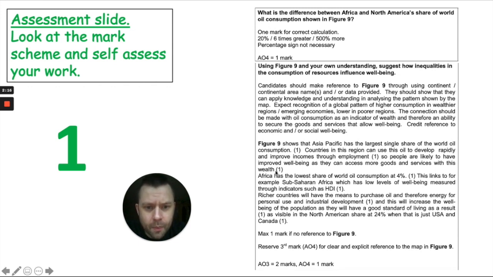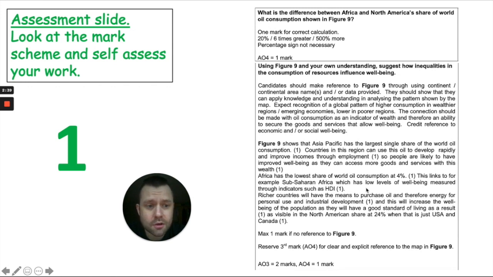Now, it starts talking about Asia Pacific, but I think we're probably more likely to get the marks talking about Africa and richer countries more generally. So you could have said, in figure 9, it shows Africa has the lowest share of world oil consumption at 4%. You're just stating a fact.